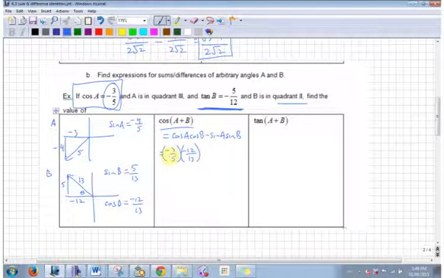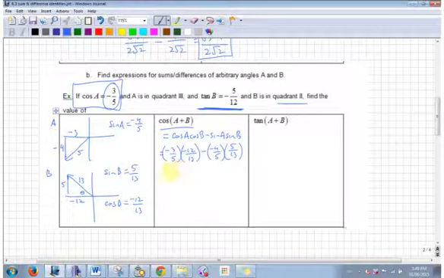Okay. So that's cos A. I already got it up here. Times cos B minus sine of A is negative 4/5 times sine of B, which is 5/13. Now we're back to a hard grade 7 question. Fractions. Everybody's favorite, right?